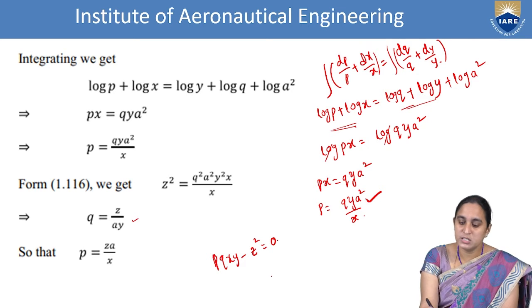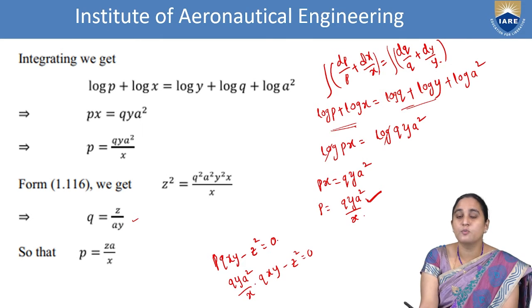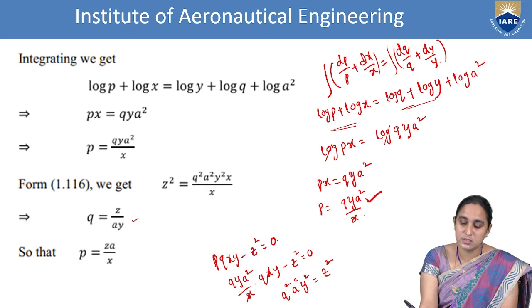There substitute the p value. What is p here? Qy a square by x into qxy minus z square is equal to 0. Here x cancel, that is q square a square y square is equal to z square.